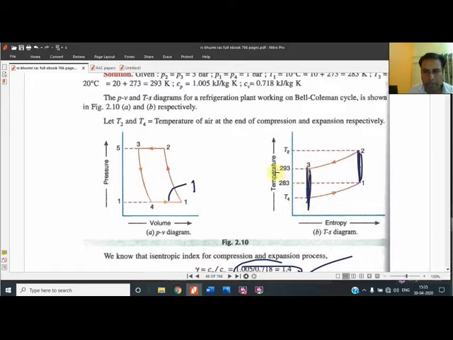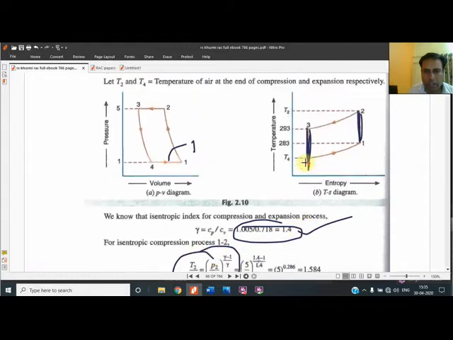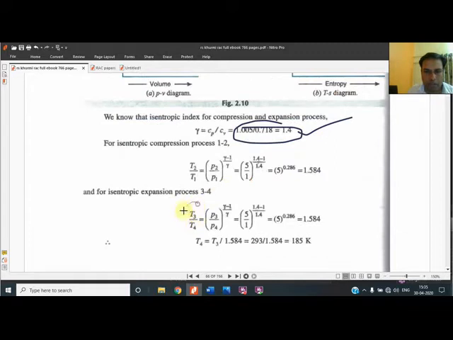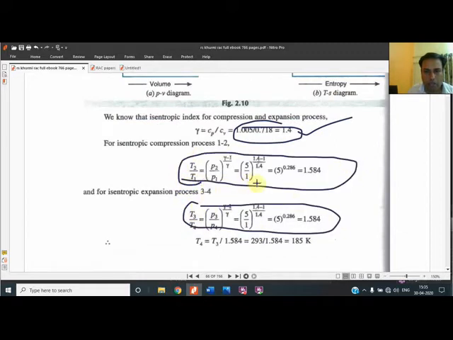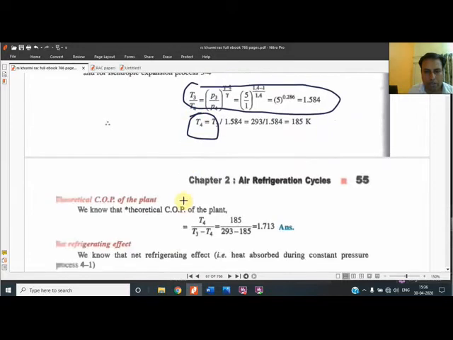in the TS diagram, because in air refrigeration also we have to use the same thing, for 1, 2 we will use this formula. And for the second vertical line we get here, 3, 4, we will use this formula, and each time we will get one unknown. So by T2 by T1 they determine the ratio, and by T3 by T4 they determine T4.